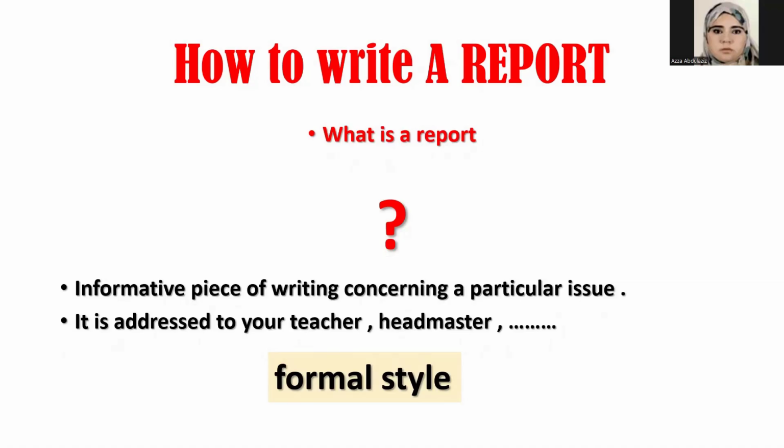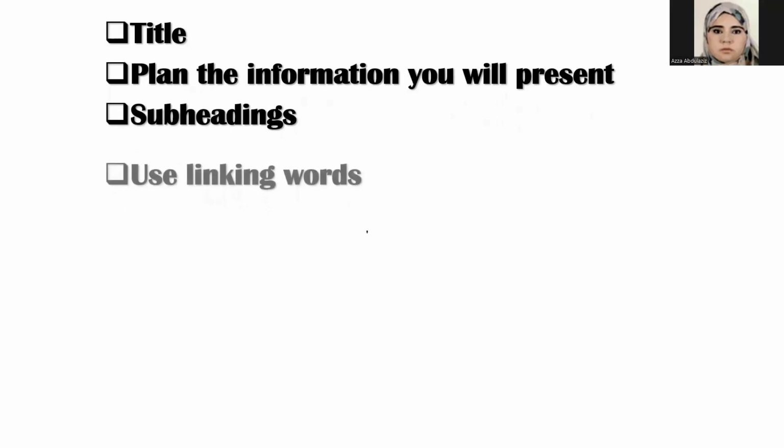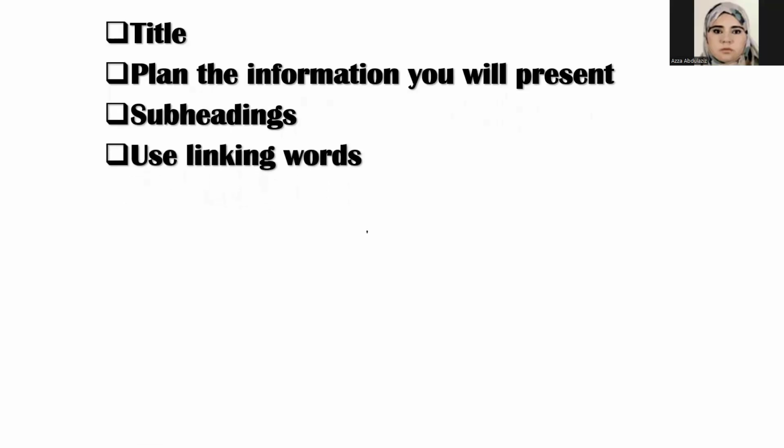So, firstly, you should give your report an appropriate title and then carefully plan the information you will present. Think of suitable subheadings, then decide on the information you will include under each subheading. Don't forget to use linking words to join your ideas.